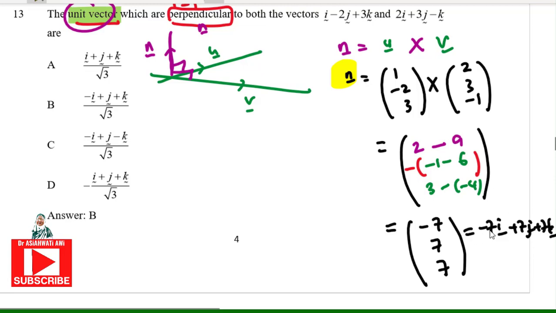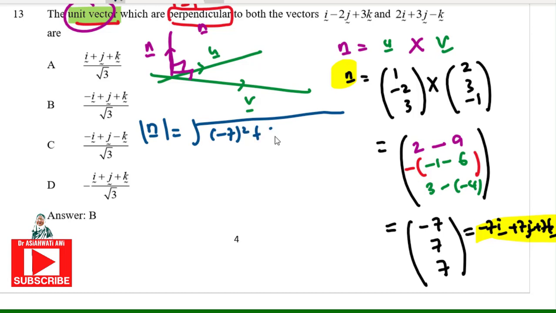Now we're going to find the modulus of vector N. Negative 7 squared plus 7 squared plus 7 squared is equal to 49 plus 49 plus 49, or 3 times 49, or 7 root 3. Or you can use a calculator.